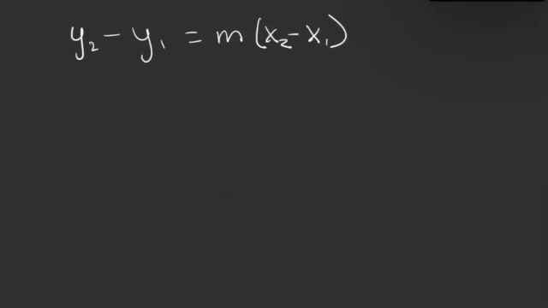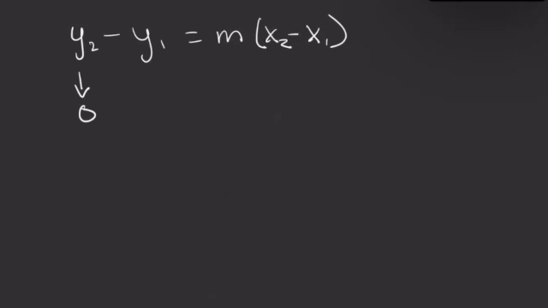We want to derive our equation for Newton's method from point slope form. So we have y2 minus y1 equals m times x2 minus x1. And we're solving for x2 in this case, which is our x-intercept. And so because we're solving for the x-intercept, y2 is equal to 0.